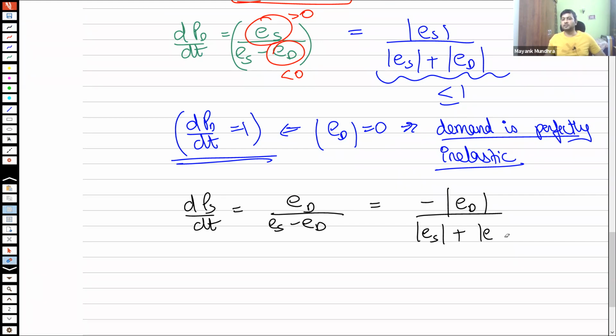The reason this negative comes is because the supplier's price will reduce if there's taxation. It cannot be that you impose tax and suppliers start getting more money. Taxation is good for neither the consumer nor the producer.